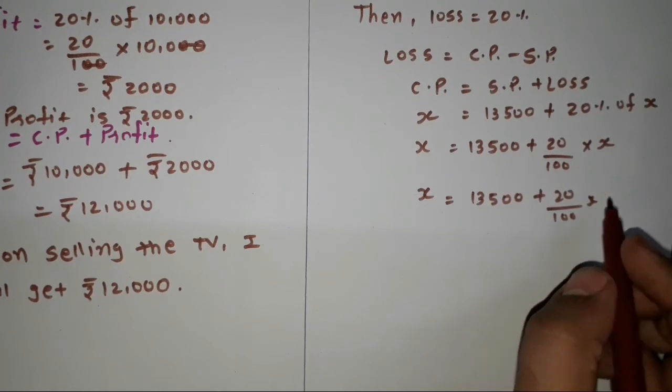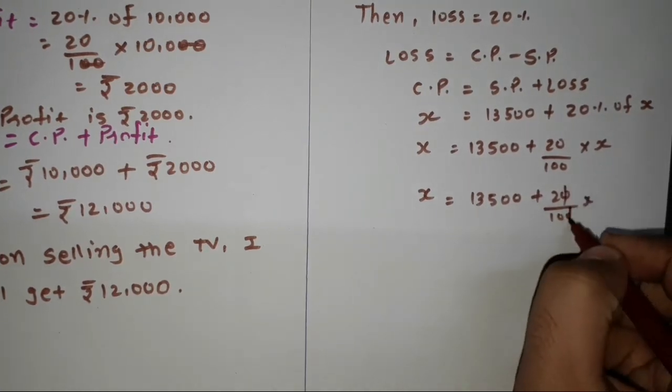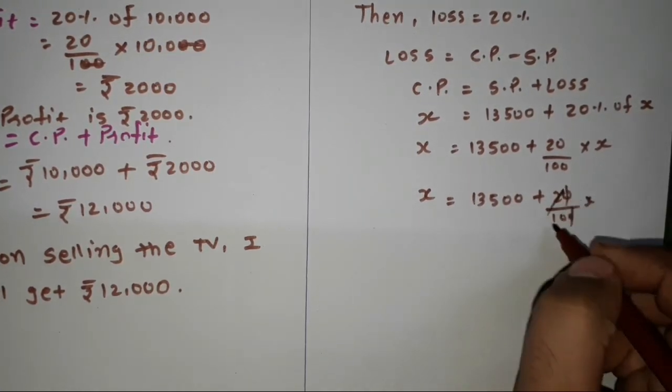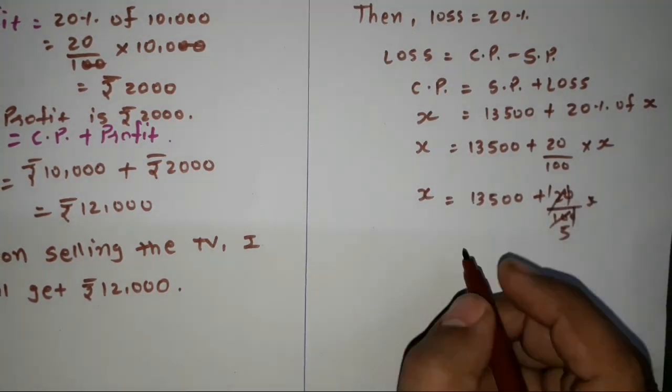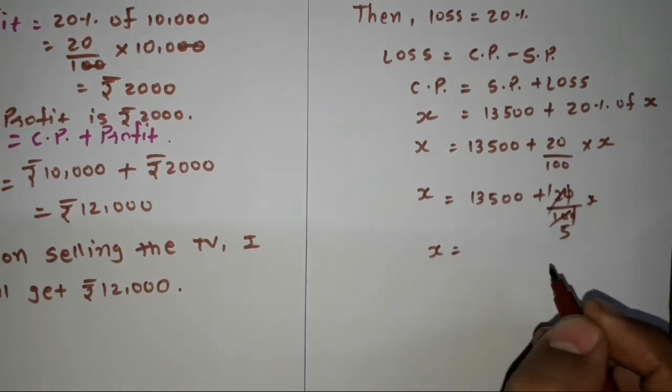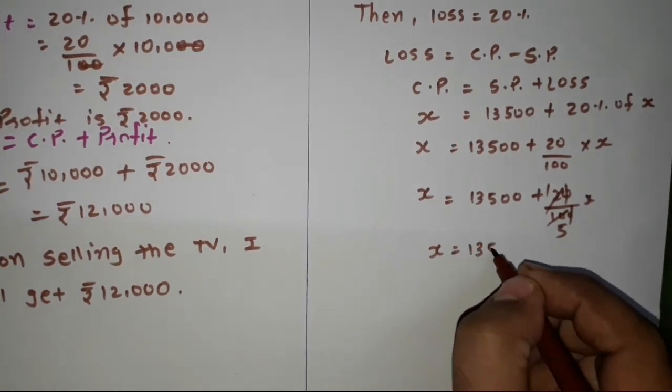Here we will find the reduced form. The zeros cancel, and 2 fives are 10, so it is 1 upon 5 multiplied by x.